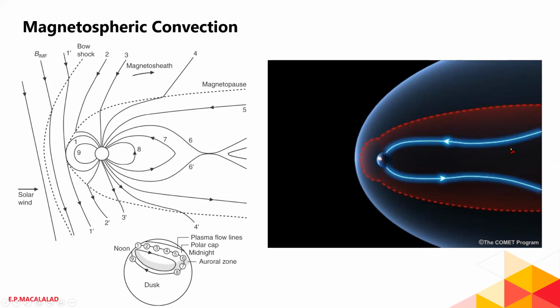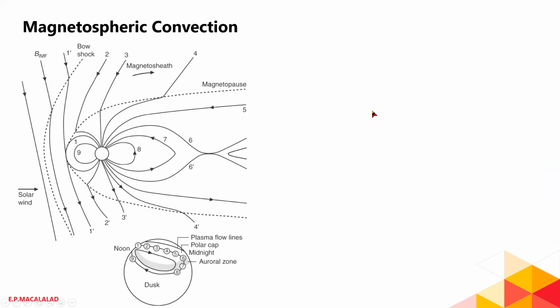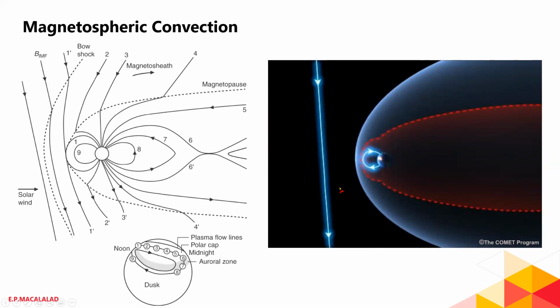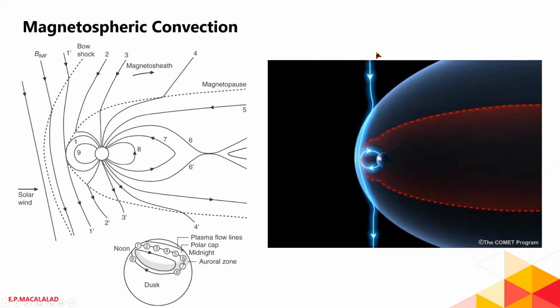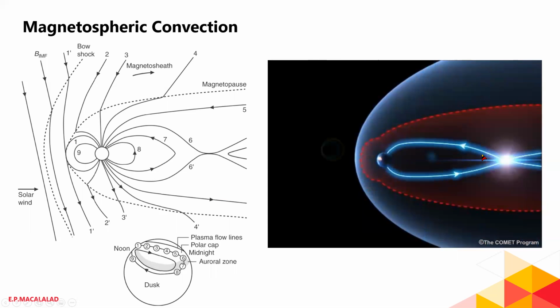So when they are close together, a second magnetic reconnection happens. This newly closed field line will now be part of the magnetic field line of the Earth. Remember again, the magnetic field line coming from the Earth reconnects with the magnetic field line of the solar wind, and then that field line reconnects again at the side, forming a new terrestrial field line.